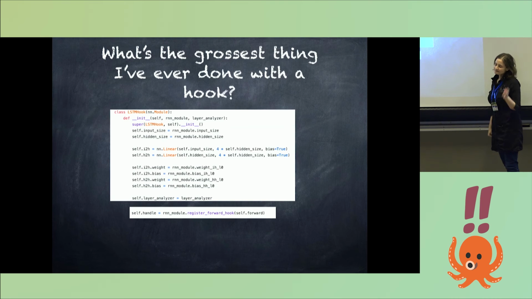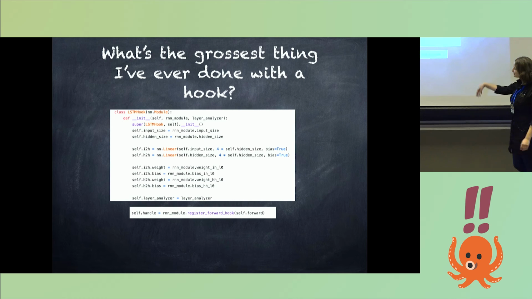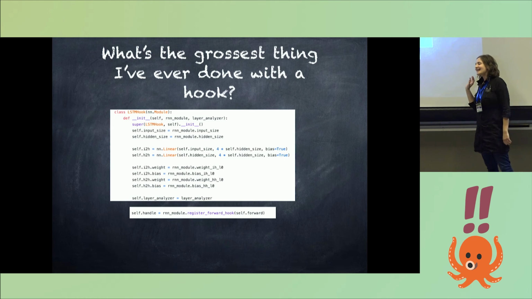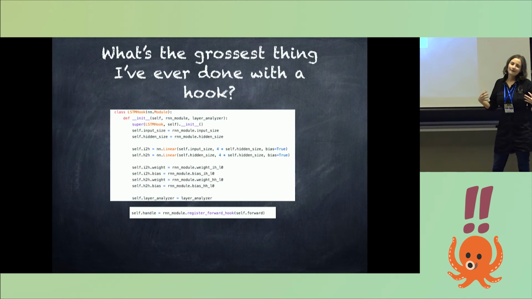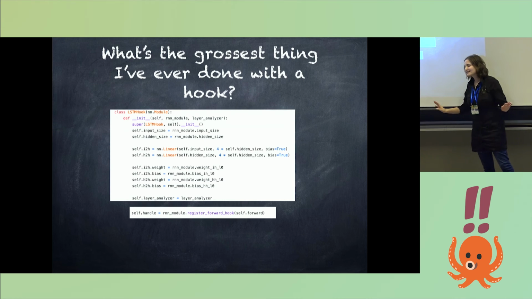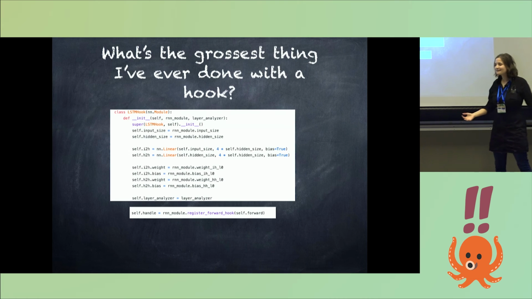All right, I'm going to end by talking about the grossest thing I've ever done with a hook. There's this model, long short-term memory networks, LSTMs. PyTorch makes it completely opaque what's going on inside, but I really wanted to look at what was happening in the gating mechanisms.